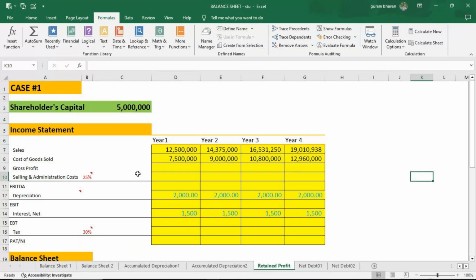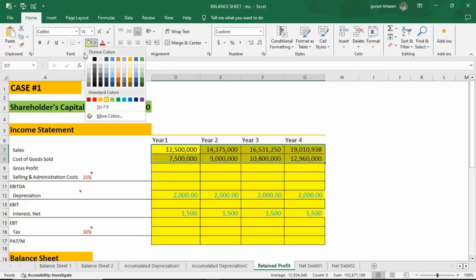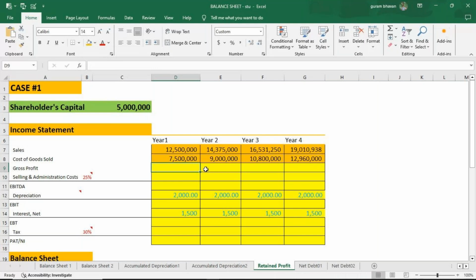I'll just change the color of this so that you people can understand. These values were from before, but while sharing, they got deleted by mistake.